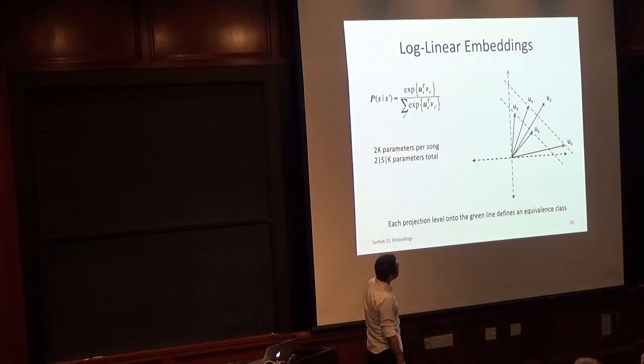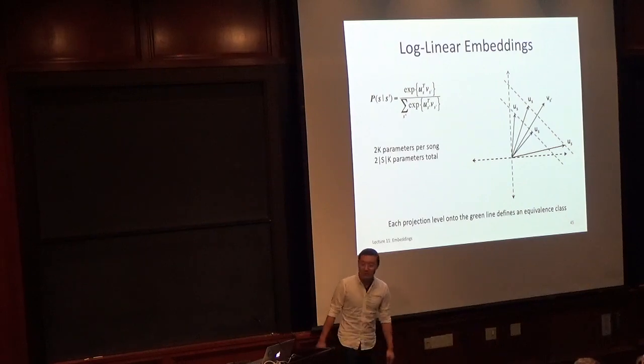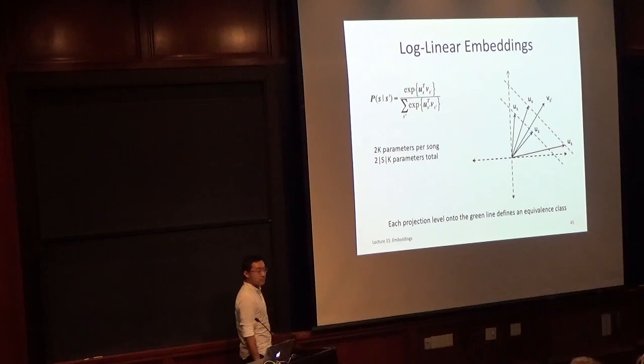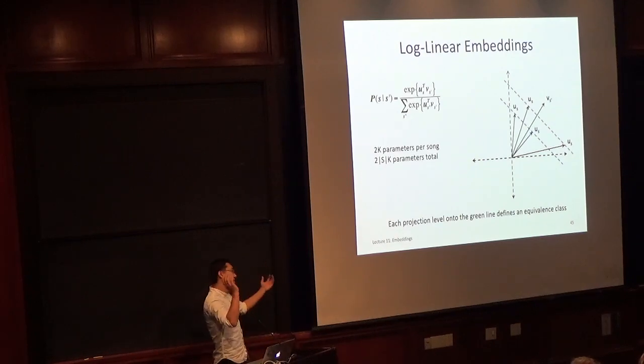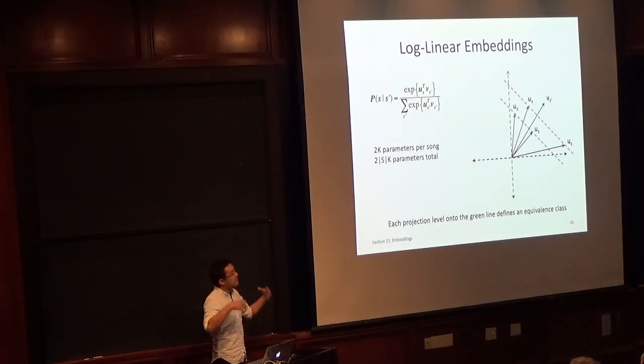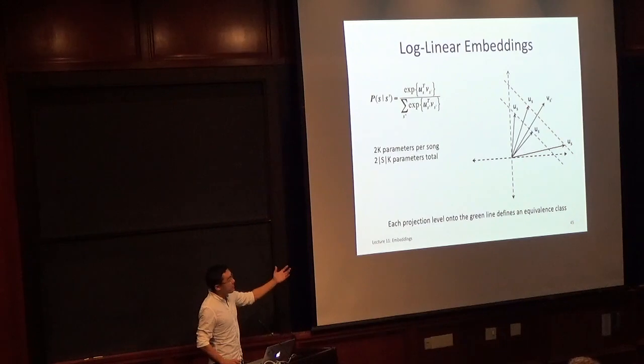The blue vectors project onto a similar magnitude on the green line, and the red vectors project onto a similar magnitude on the green line, and those are equally likely. We get this big data set of sequences of words, and we're going to train this embedding such that the probabilities line up with the empirical probabilities we observe in the training set. But now the semantics of this embedding are via this dot product or inner product semantic rather than a distance semantic.